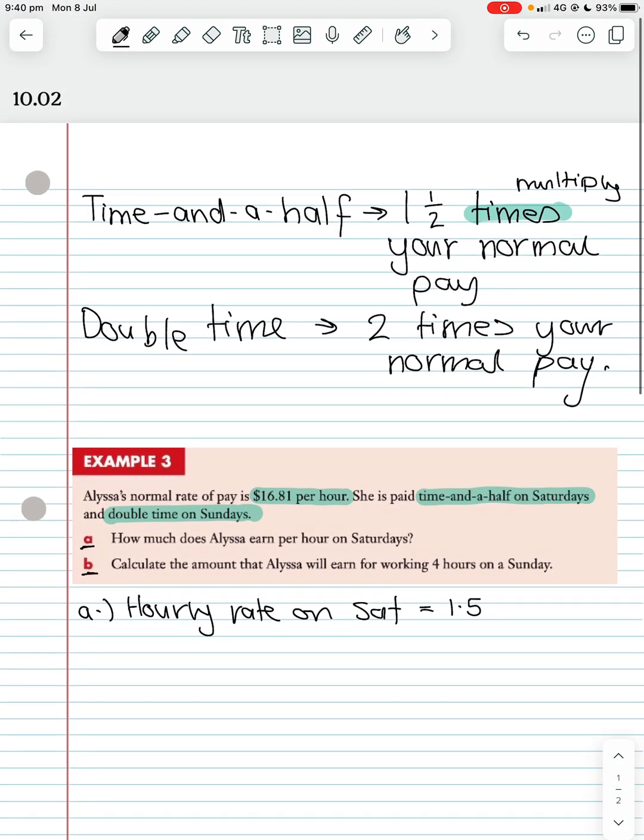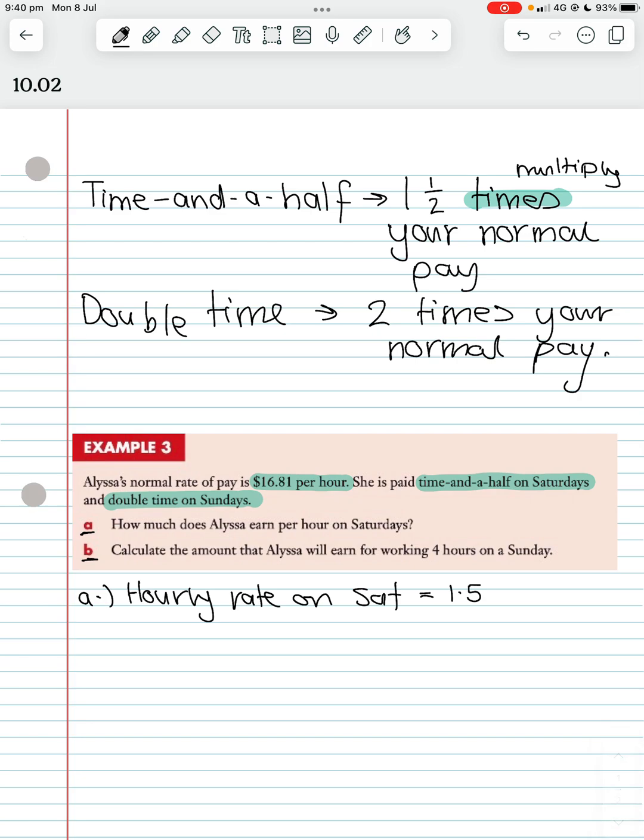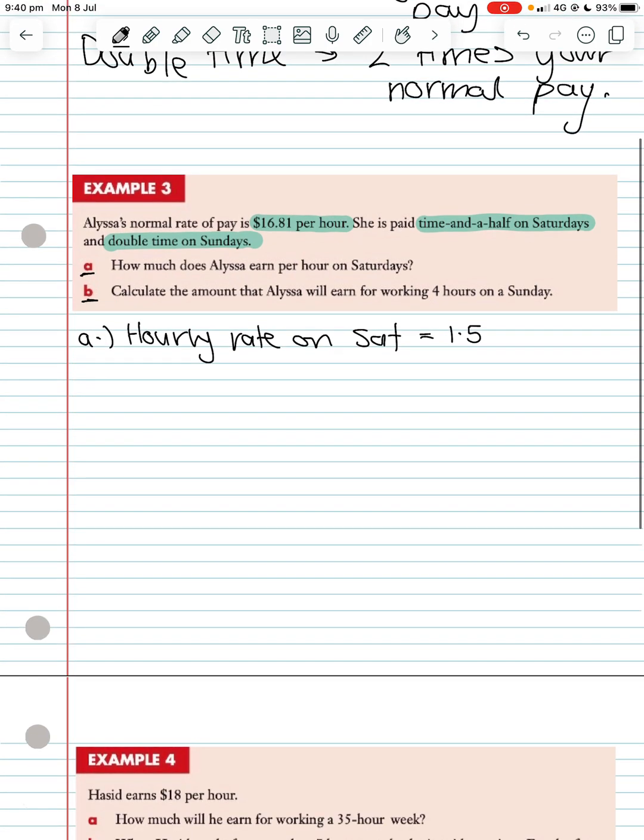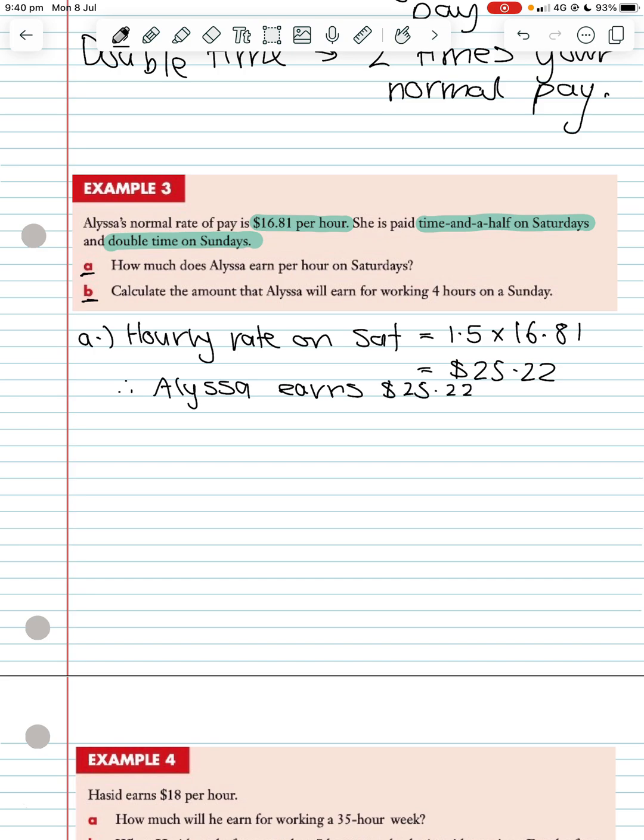We know that when it says time and a half, it's 1.5 times your normal pay. Times meaning multiply, and then we take her normal pay of $16.81. And that is going to give us $25.22. Therefore, Alyssa earns $25.22 per hour on Saturday.